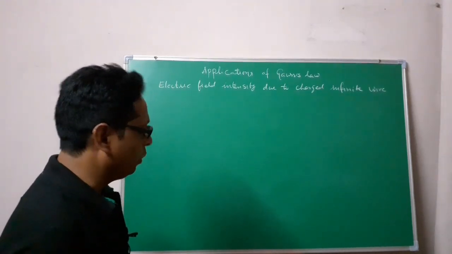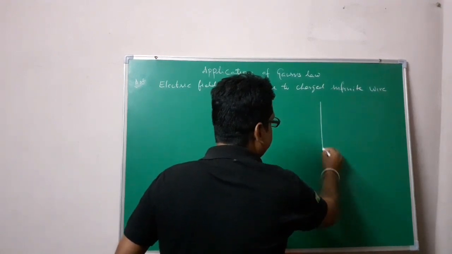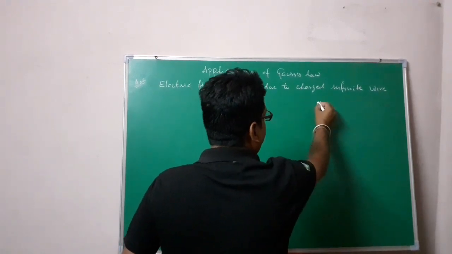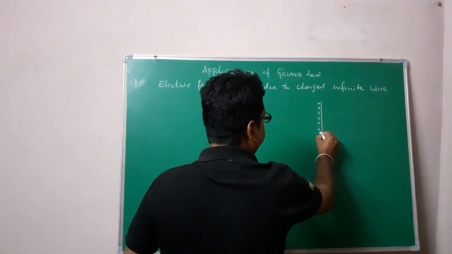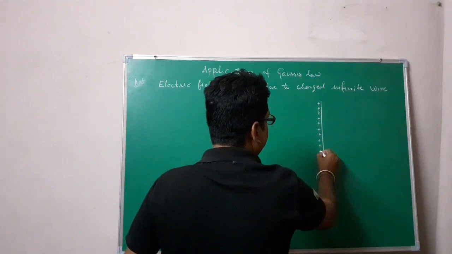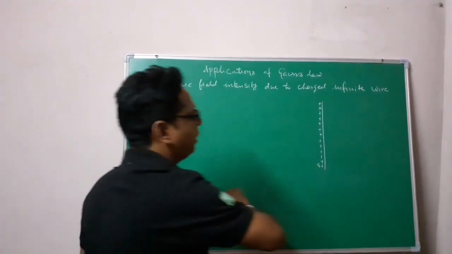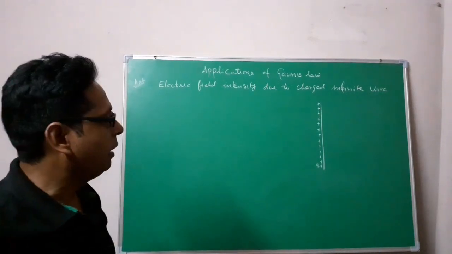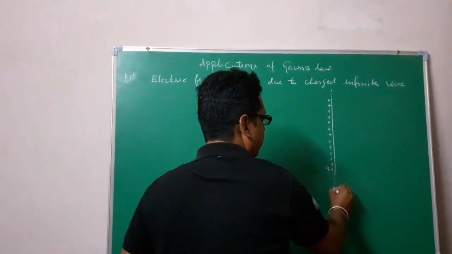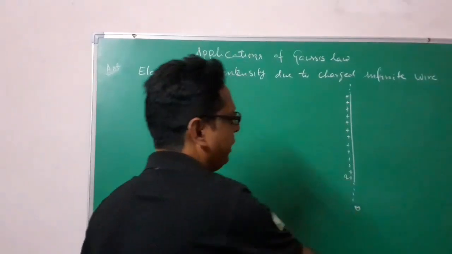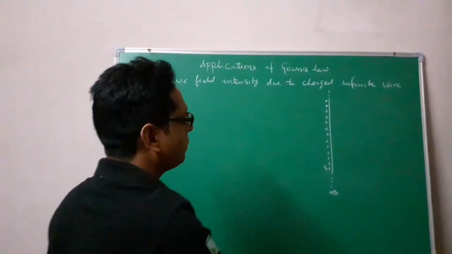We will take a charged wire, over which charge Q is distributed, and since this wire is infinite, I am writing the infinity symbol here.